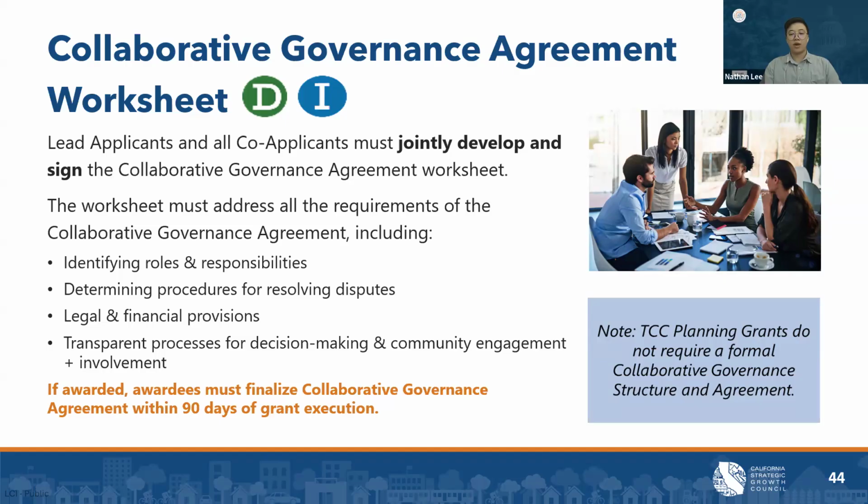Lead applicants and co-applicants will work together to jointly develop and sign the worksheet. If an applicant is selected for an award, applicants will turn the terms outlined in the worksheet into a formal collaborative governance agreement no more than 90 days after contract execution.